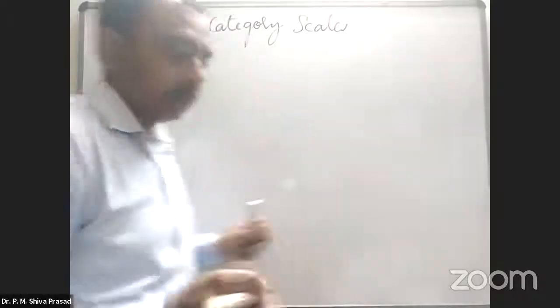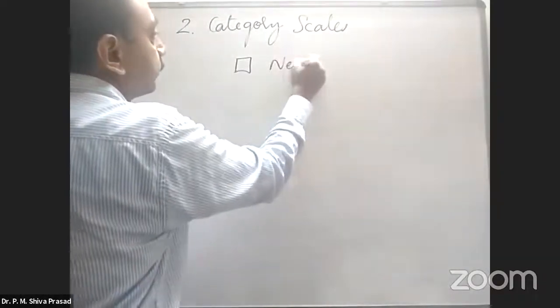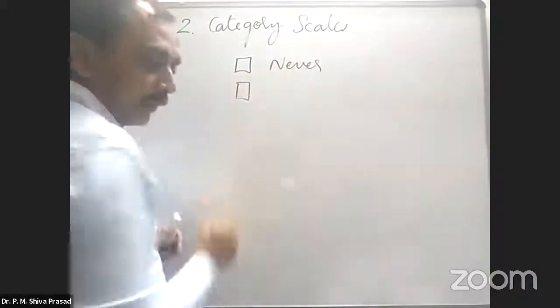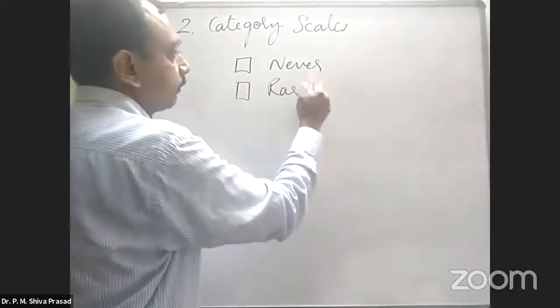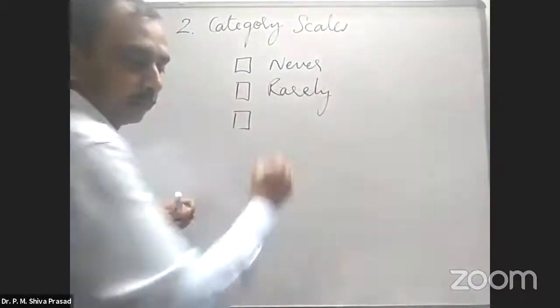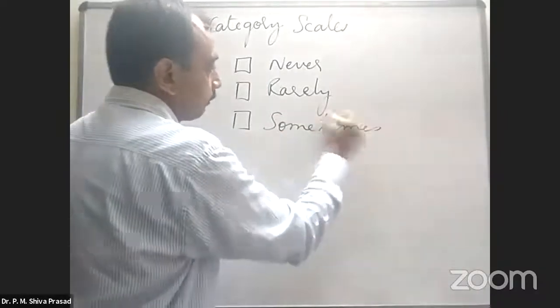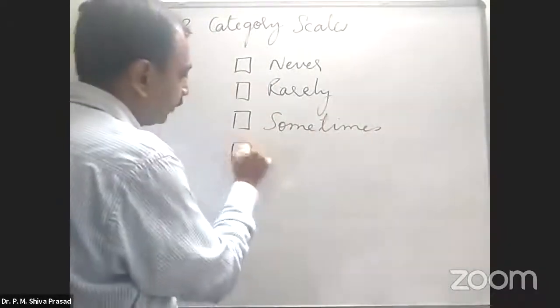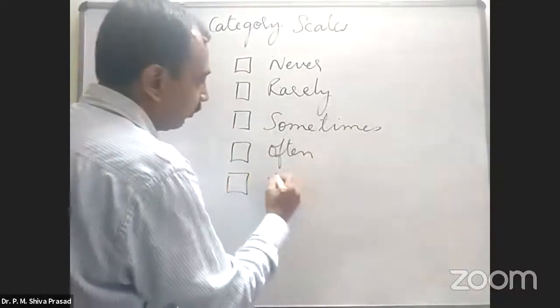You can give different categories, say never, then rarely, sometimes, or often, then very often.